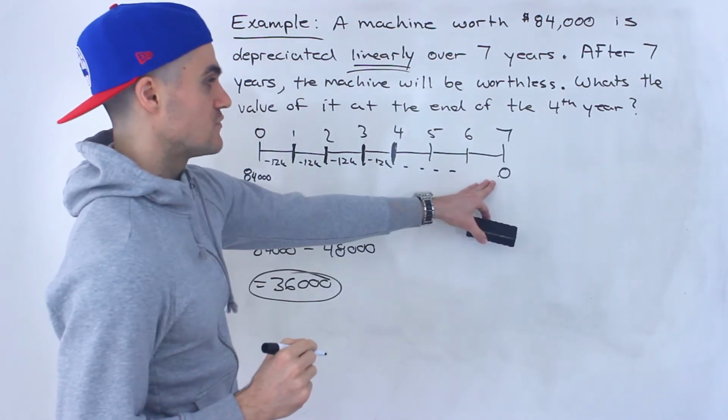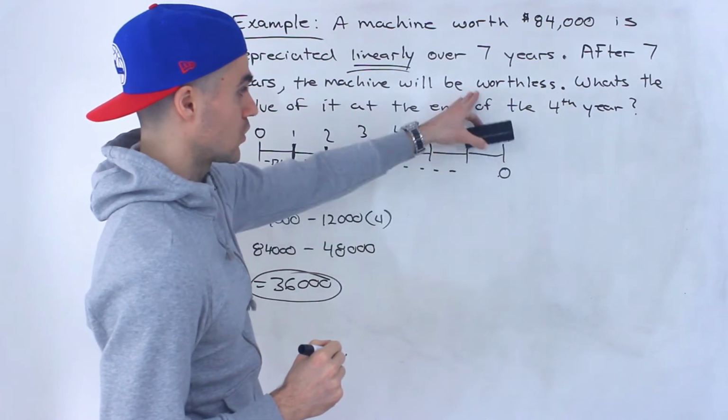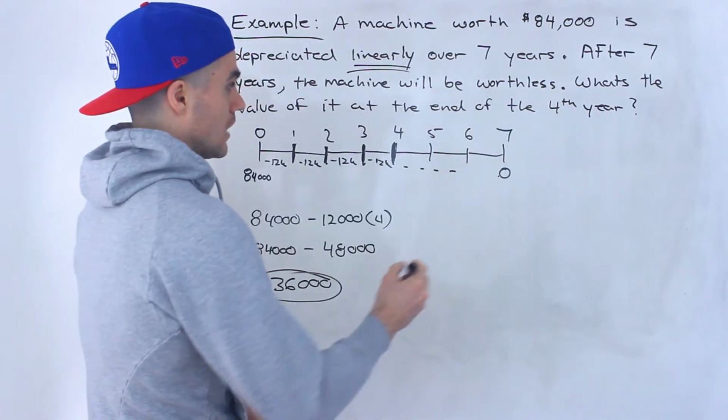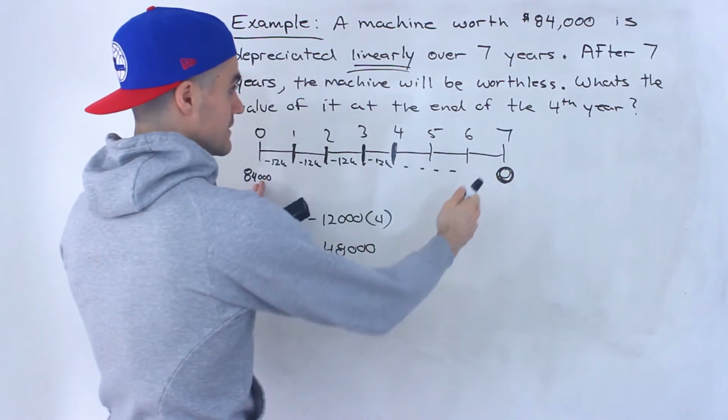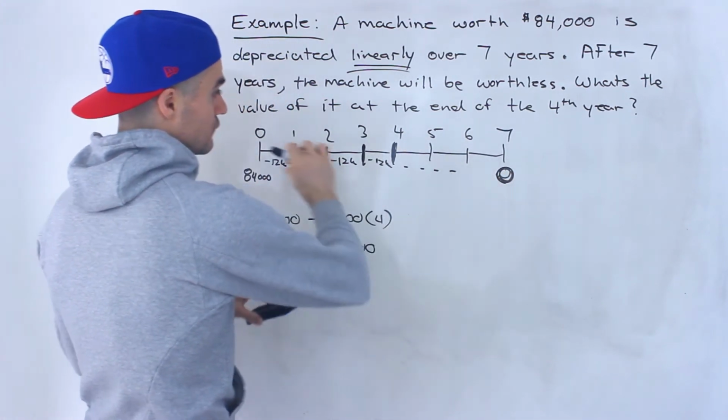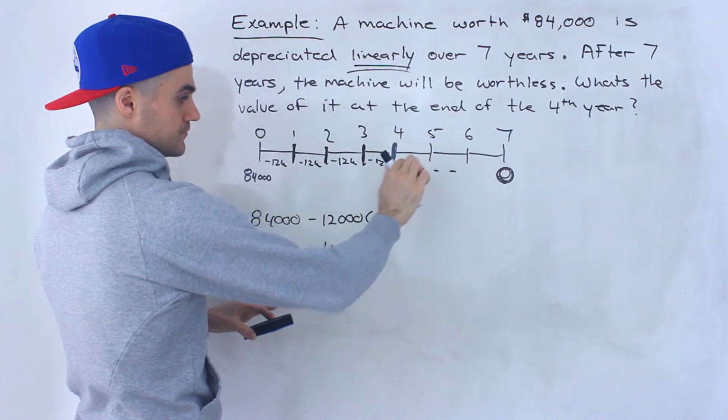Now, sometimes there may be a value over here. It was worthless, so the value was 0. Sometimes there will be a salvage value. So then you would have to take this, subtract that, and then divide it by the number of periods. Right?